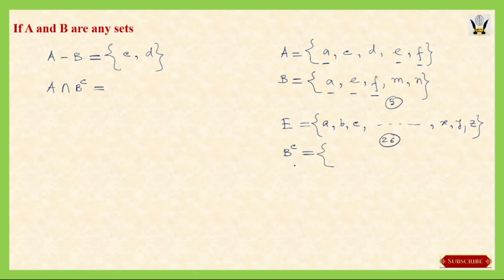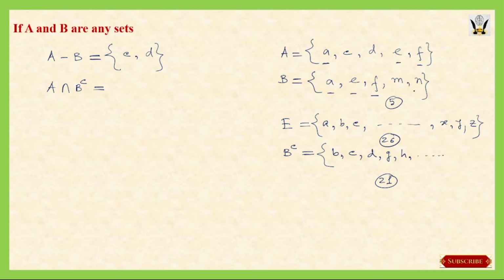So the complement of B with respect to this universal set will have 21 elements. And what are those 21 elements? Since B has A, we will not include that. It doesn't have B or C, so it will start from B, C. Then it doesn't have D, so it will include D. Then it has E, F, so we will not include them. Then G, H, and so on.